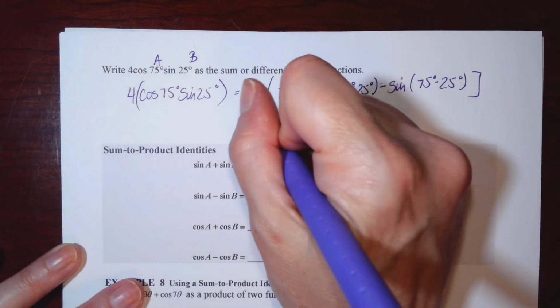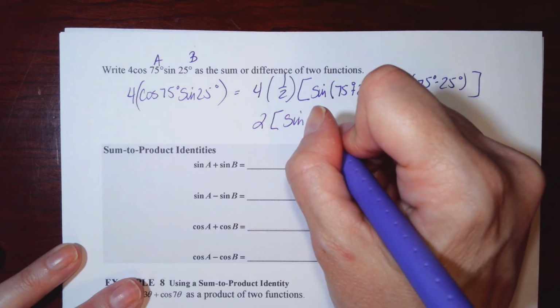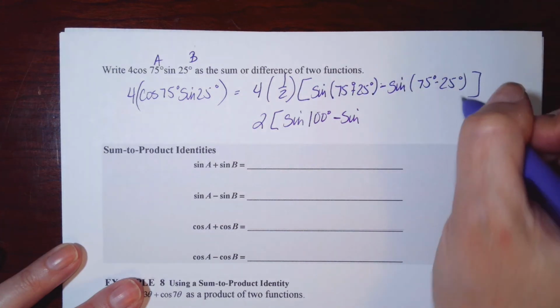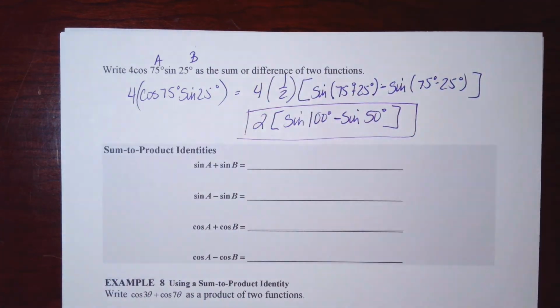So half of 4 is 2, sine of 100 degrees minus sine of 50 degrees. 100 and 50 are not special angles, so that's all I've got. I can't go any further.